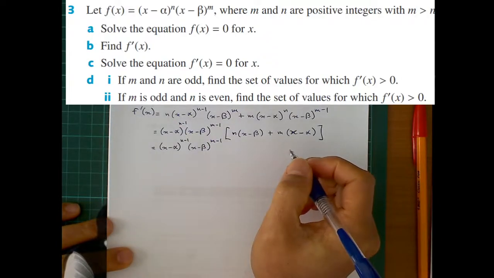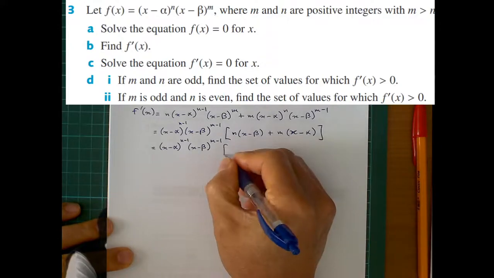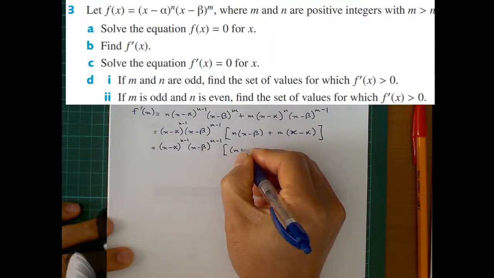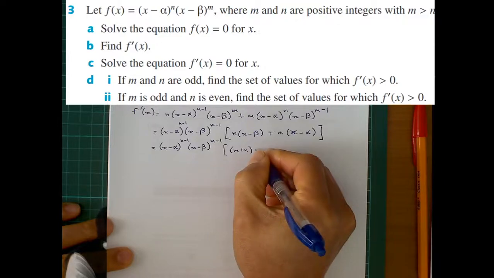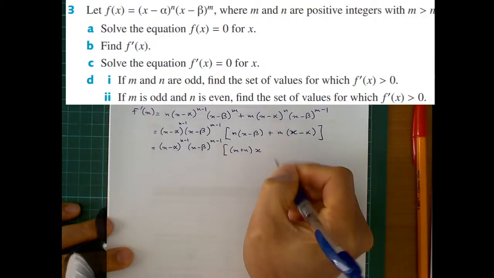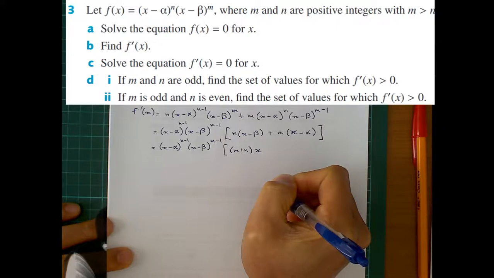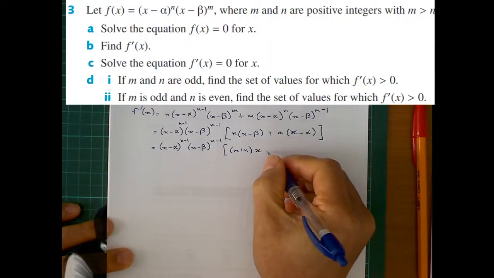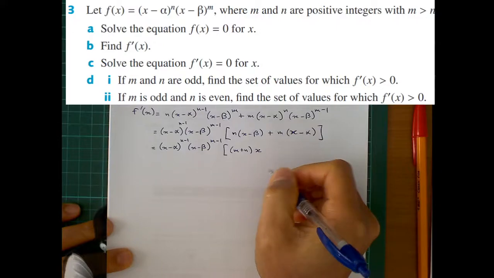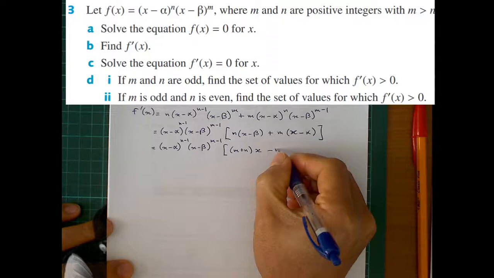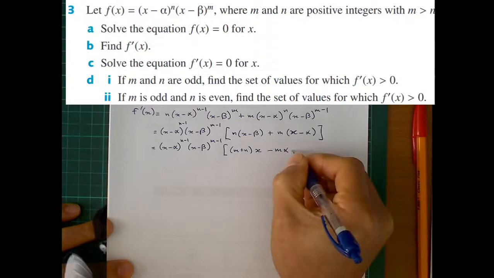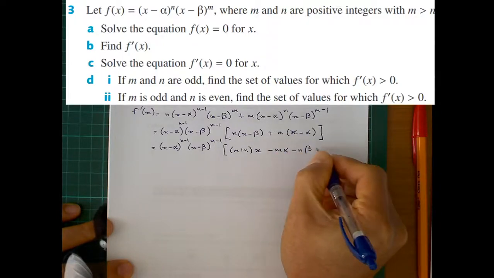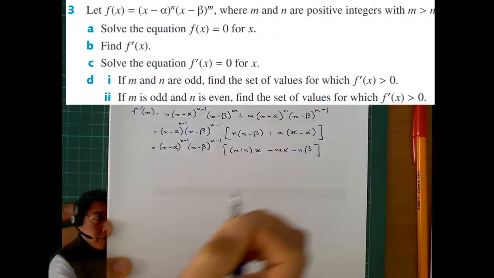So that's going to be m plus n bracket, that's the factor of x, and after that, I don't know, doesn't matter what order I leave it. I guess m alpha minus n beta, just to be kind of in alphabetic order.